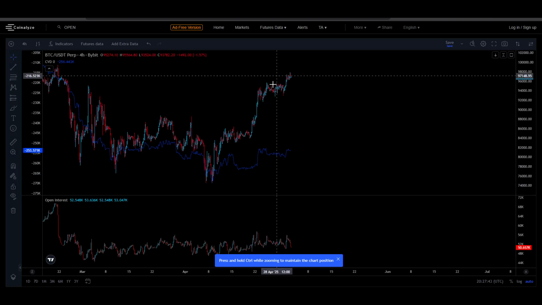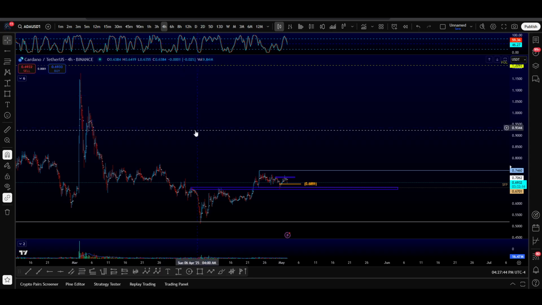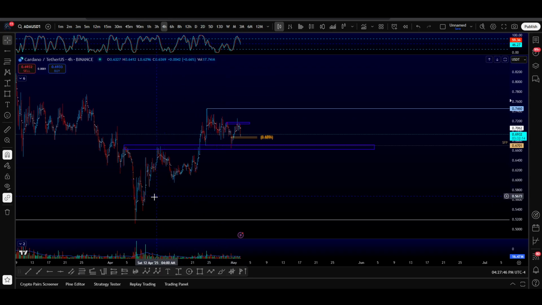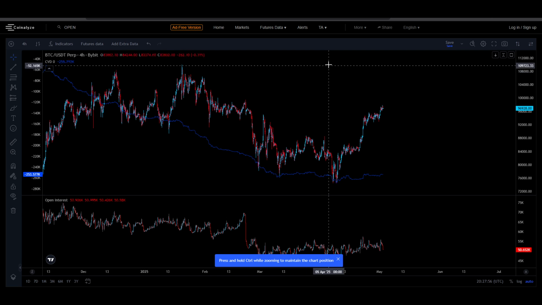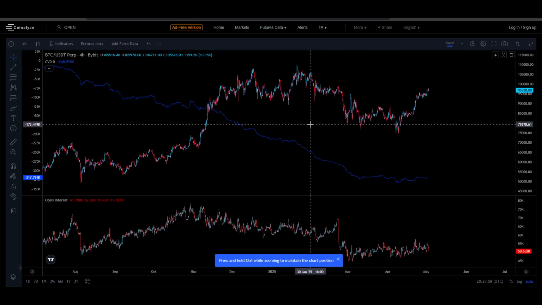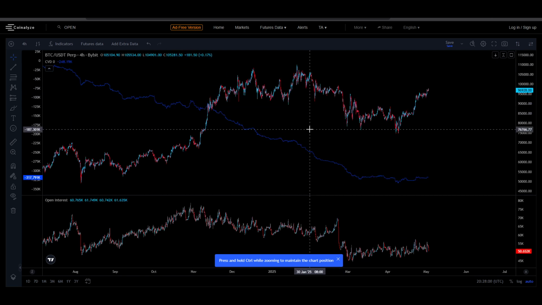And if you look at Bitcoin's price action, this is on the 4-hour chart compared to Cardano, it is matching it. So if we can see Bitcoin impulse even higher, take out its range highs, right? Because technically Bitcoin is in a massive range, right?